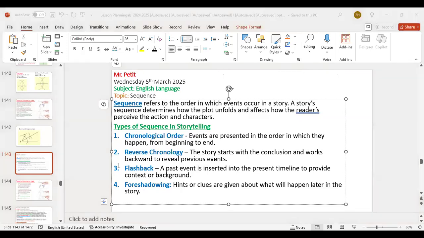So foreshadowing is when they tell you what's going to happen in the future. Like they give you little snippets of it, right? It's not the whole thing, just a little snippet of what's going to happen in the future. And foreshadowing doesn't even have to be a scene.